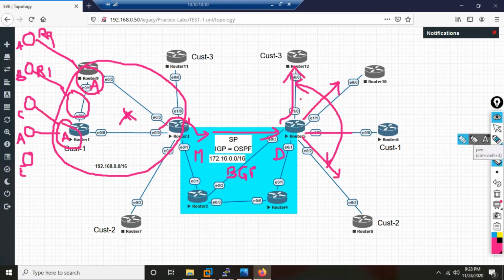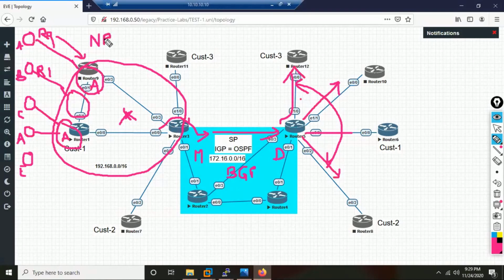First of all, your customers are sending routes to me. Customers like R1, R9, R7, R11, all these customers are going to send the routes to R3. How are they going to send the routes? What type of routes? Normal routes. What do we call them? These routes A, B, C, D, whatever routes are there, they will come to the VRF. They are normal routes.